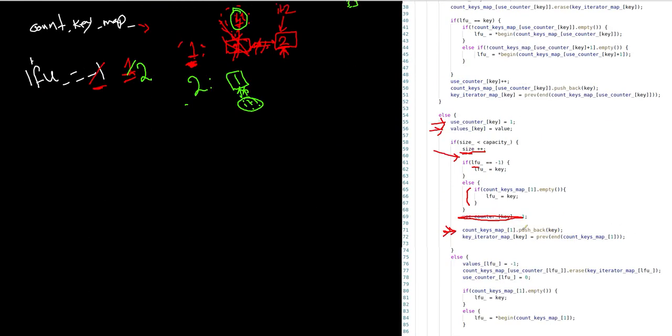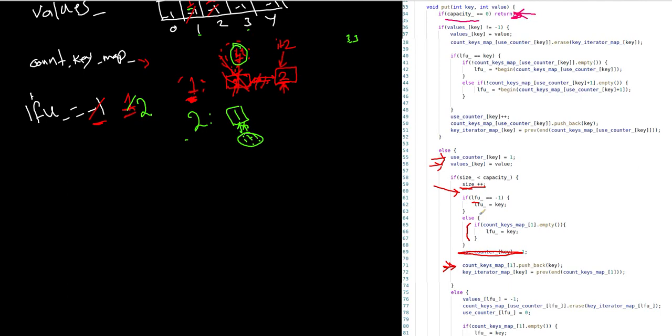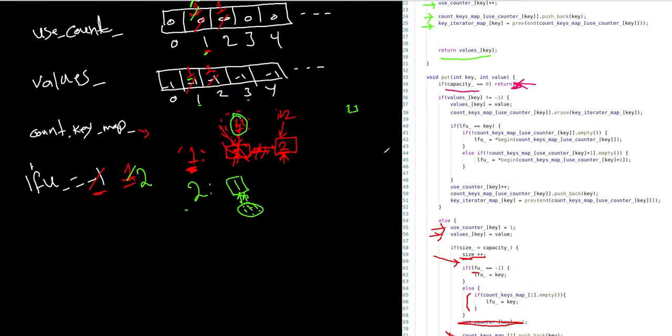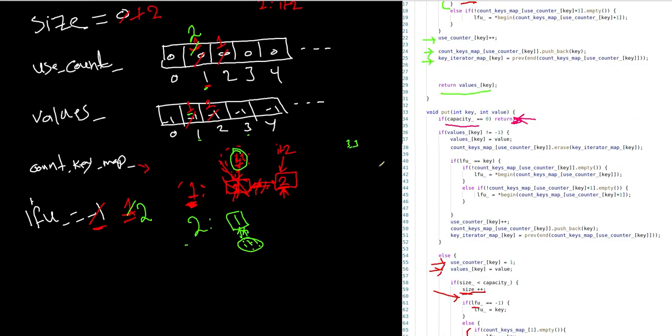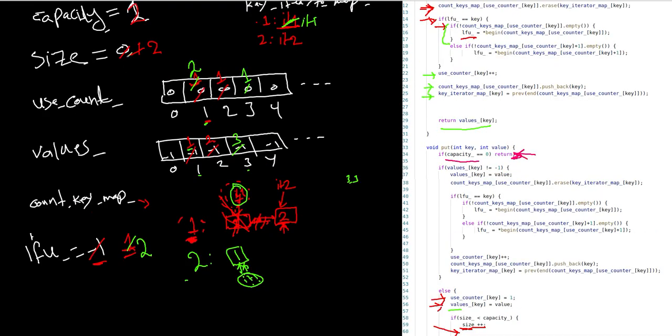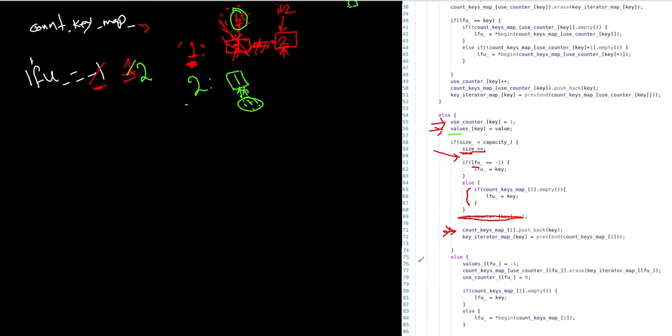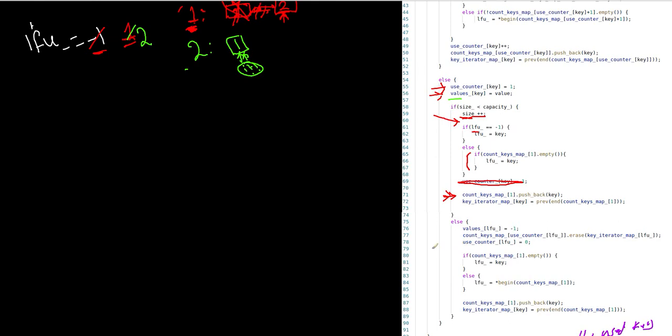So again we need to go to this else. Now use counter of the key equals 1. So this is 1. The value of the key is the value, so this becomes 3. Now is size less than capacity? No, because the size is 2, which equals the capacity, and the cache is full.